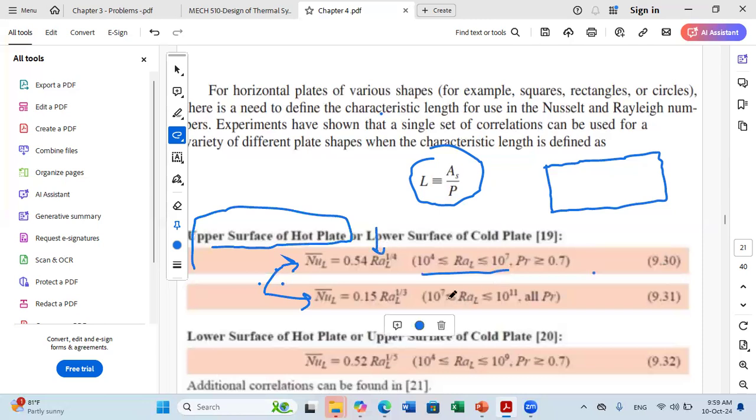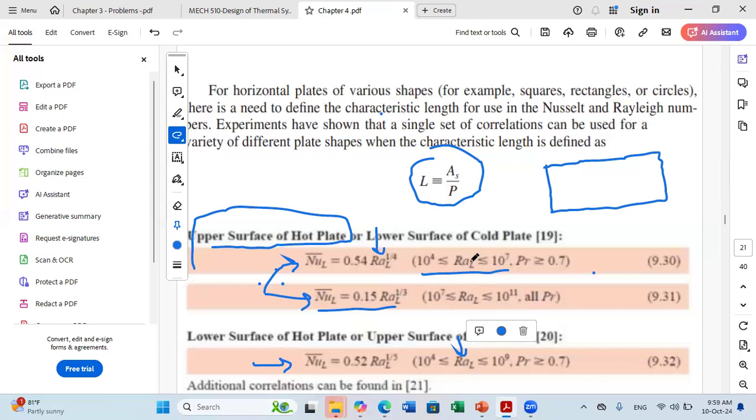If you get Rayleigh number larger than 10 to the power 7, whatever the Prandtl number, you use this formula. This is for the upper plate. While for the lower plate, you have this formula to use. So Rayleigh should be in this range. If Rayleigh is not in this range, you need additional correlations. I will give you more formulas and you select the one corresponding to the range of Rayleigh in your problem.